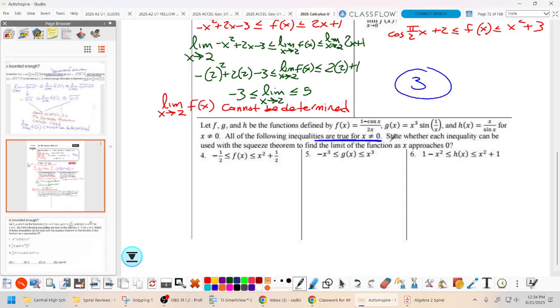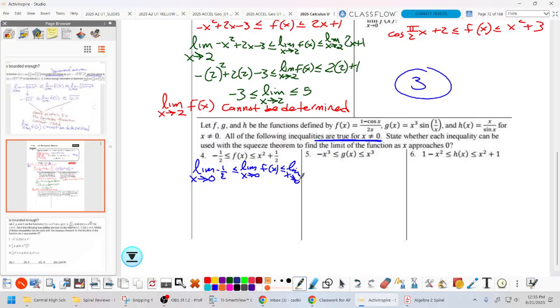So you'd want to write out good notation. What is the limit as x approaches 0 of -1/2? Yeah, remember that's our limit of a constant. And I'm going to bend this around the corner.